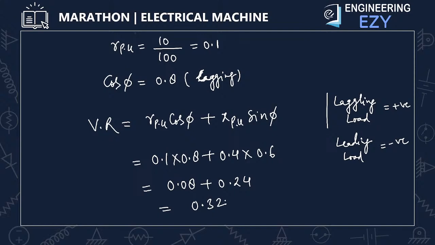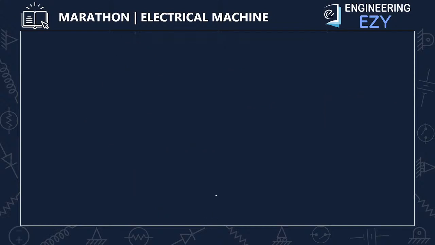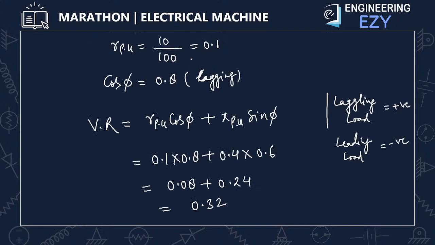0.32 is the voltage regulation in per unit. But if you calculate percentage voltage regulation, it is 0.32 multiplied by 100, so it is 32%. So the correct answer of this question is 32%. Because 0.1 multiplied by 0.8 is 0.08, plus 0.4 into 0.6 is 0.24, and if you add, you get 0.32.